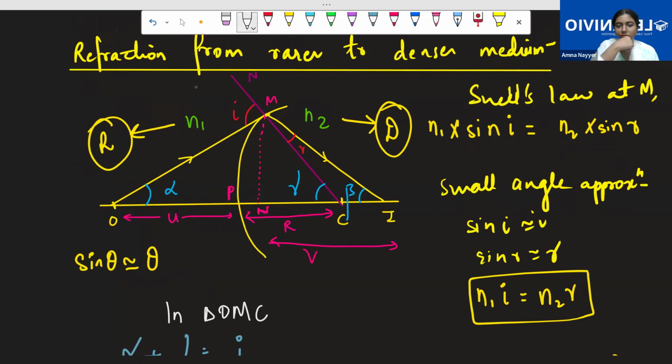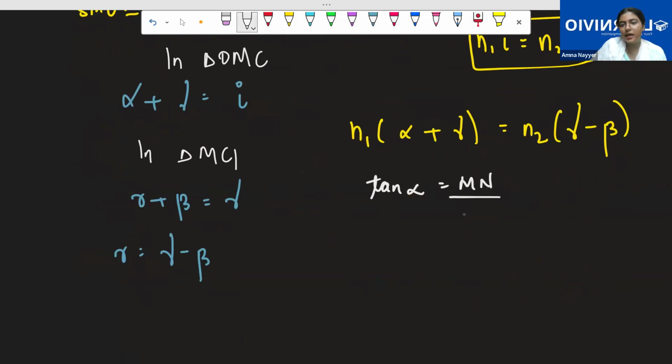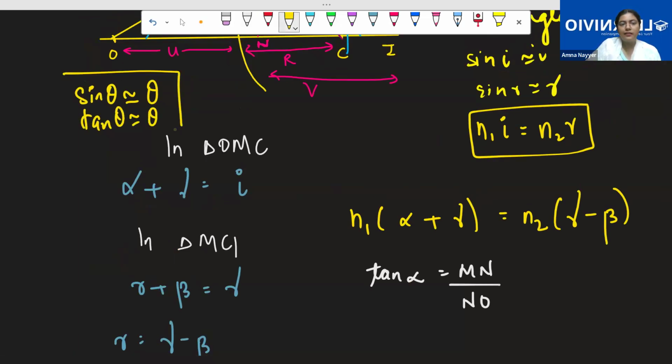Tan alpha will be MN by MO. I can say tan alpha will be MN by NO. Now see, these are all small angles. Like sine theta is approximately equal to theta, tan theta is also approximately equal to theta.